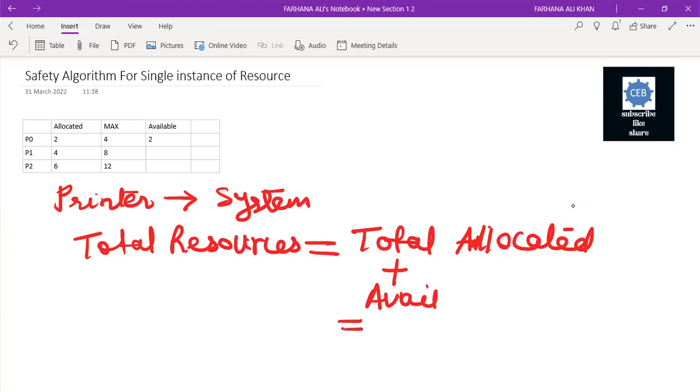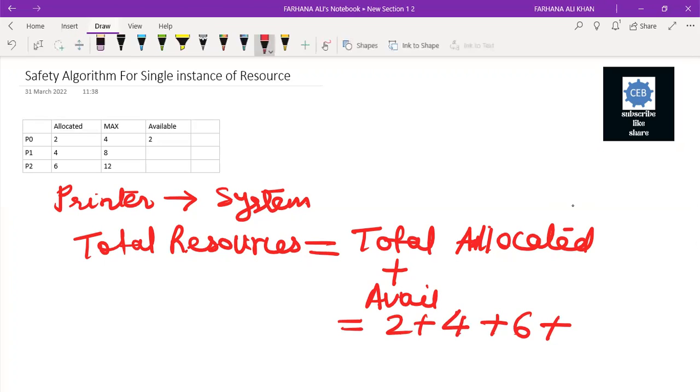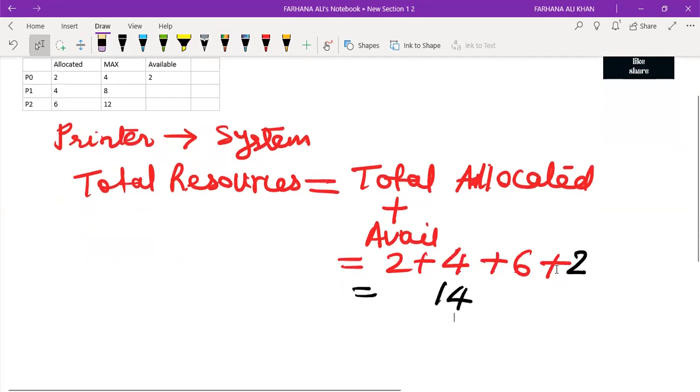So what is the total number of allocated resources? Here we have 2 to process P0, 4 to process P1 and 6 to process P2, plus the available resource, which is 2. So what will be the total count? 2 plus 4 plus 6 plus 2 will be 14. We are going to use this to check at the end whether our answer is correct or not.